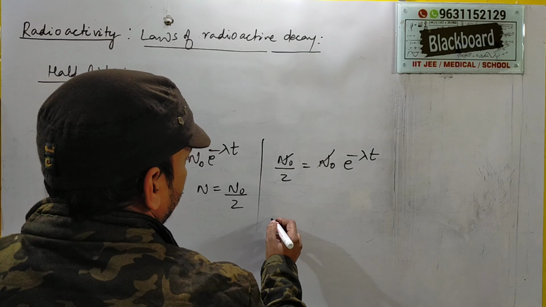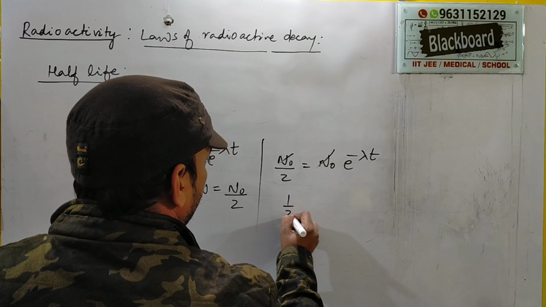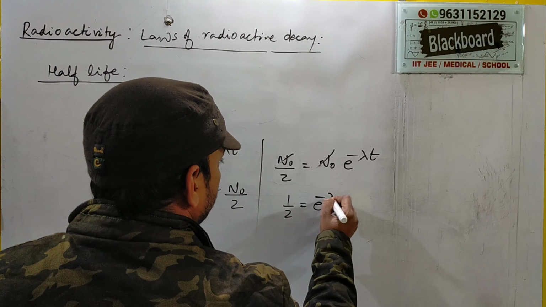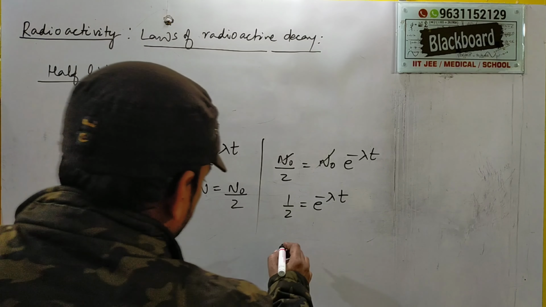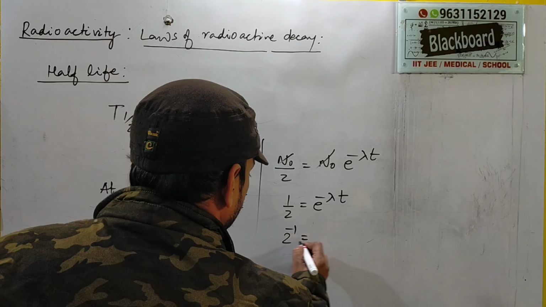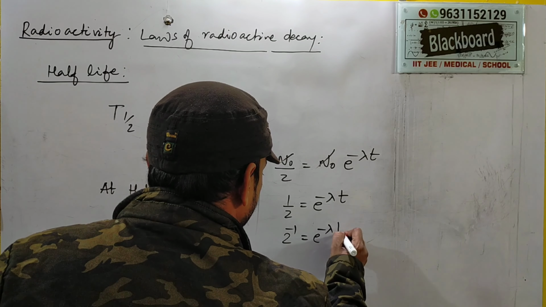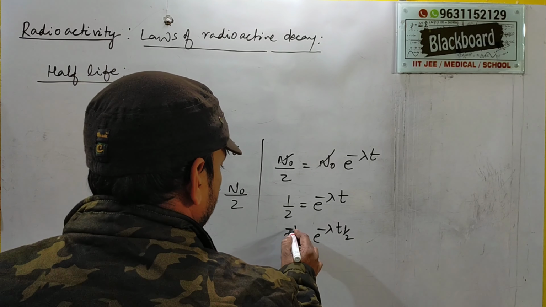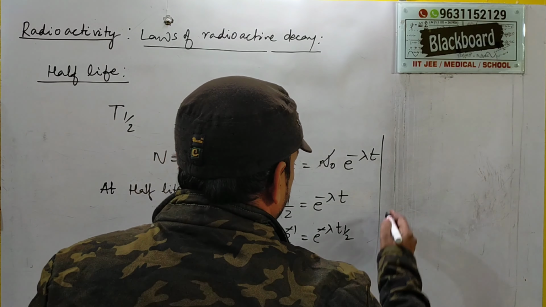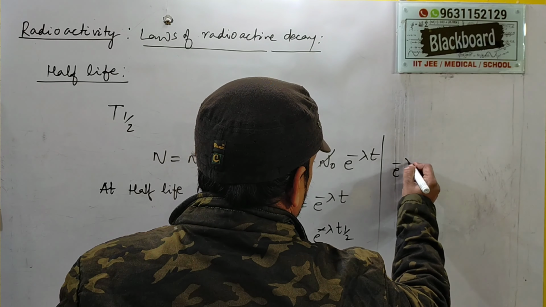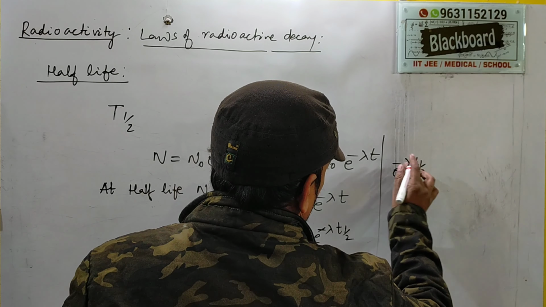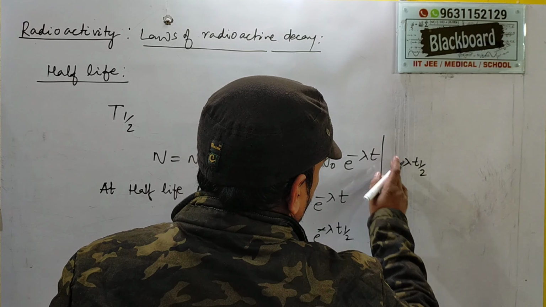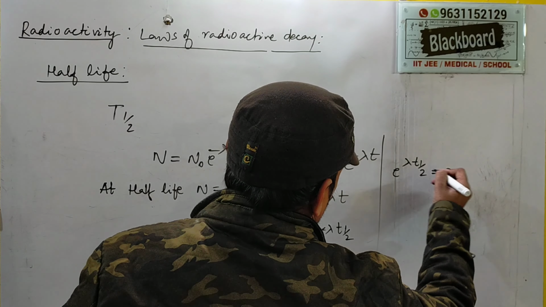N naught cancels. That means you can write half is equal to e to the power minus lambda t. This is equal to 2 to the power minus 1, and t is your half-life time. Minus cancels. That means e to the power lambda t half is equal to 2.